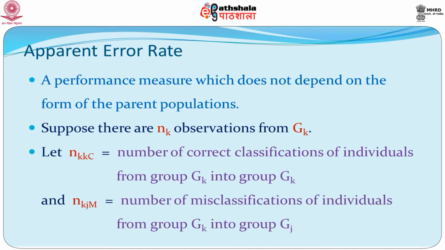As opposed to this, we have n_kj^M, where we have a misclassification of an individual from the kth group to the jth group, and M stands for misclassification. So, n_kk^C are the correctly classified individuals, and n_kj^M are the misclassified individuals.